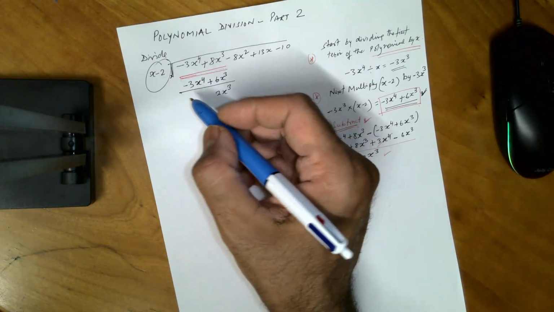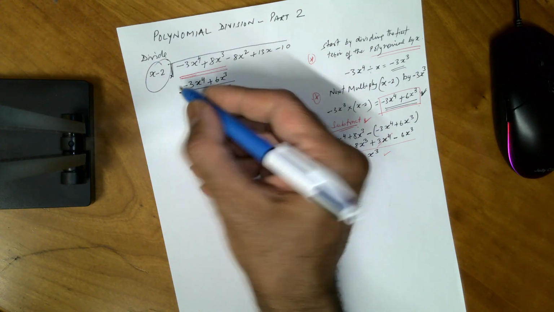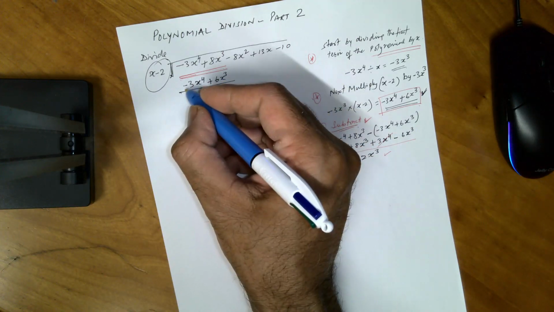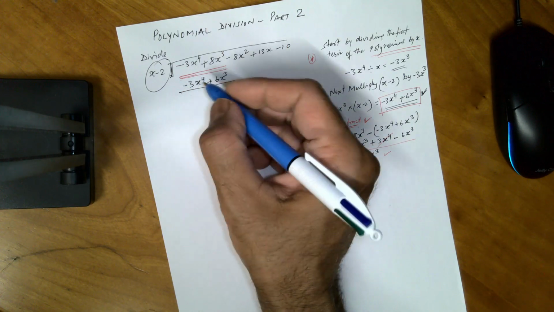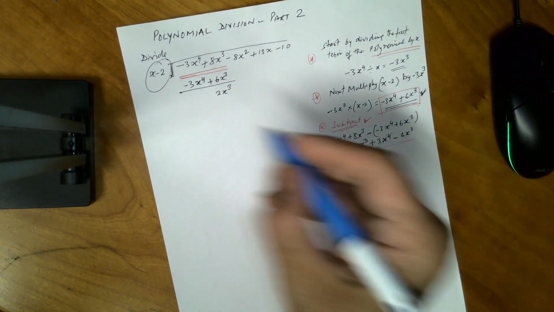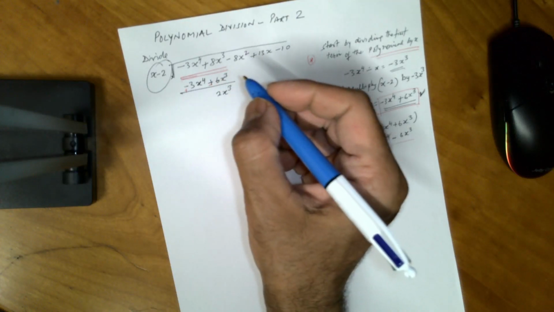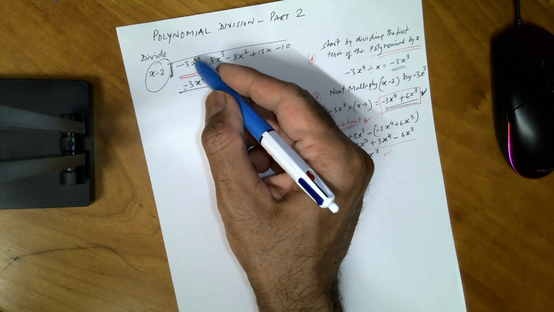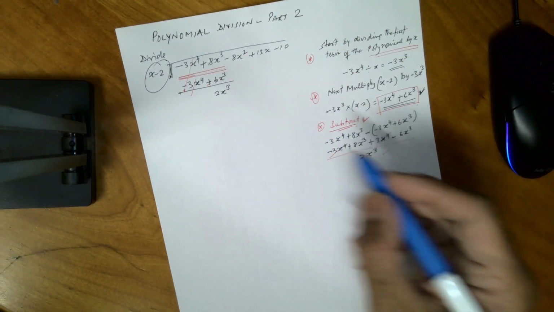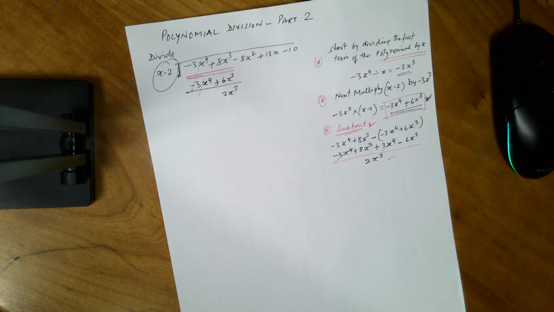In the exam, for your own sake, maybe with red you can mark that you are subtracting this. The subtraction sign is outside, so it will change everything in the bracket, like here. You can do this just for you, so that you know what the answer would be and you won't make a mistake. It's just a precautionary measure.